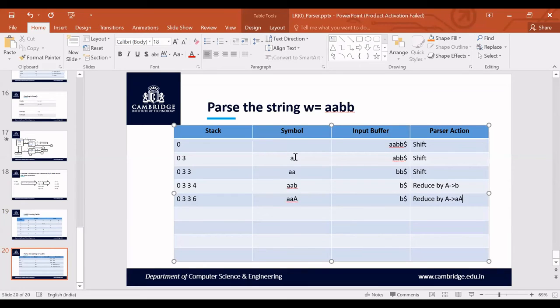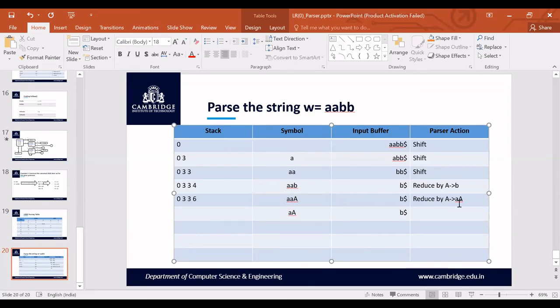Right. Now what is here in the symbol column? You are trying to reduce terminal A and variable A to variable A, and your input buffer has the symbol B and the end of the input string. Now check how many symbols have been reduced.